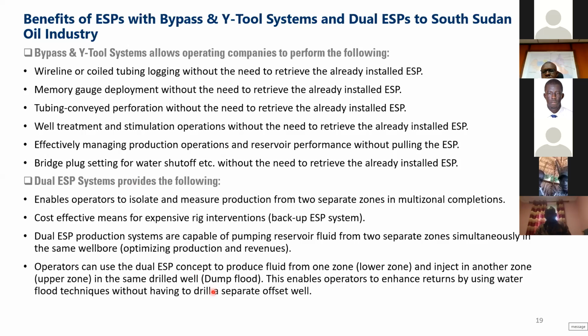Then the dual ESP, the benefits that we have to look into when we look at our South Sudan industry. It can enable operators to isolate and measure production of two separate zones in these multi-zonal completions. So it gives you an option.